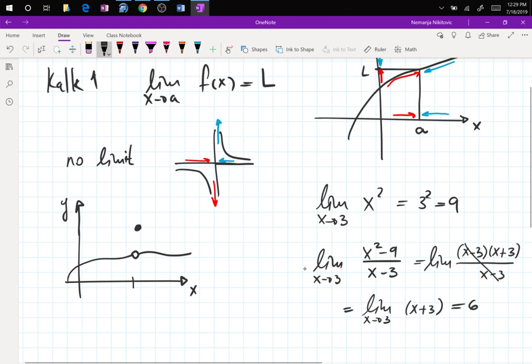So the idea over here is that at this a, right, the limit would be here and f of a would be here. So for situations like that, that are extraneous situations, there's nothing extraneous about x squared. It's just a parabola, or x cubed, or square root of x, or ln x.